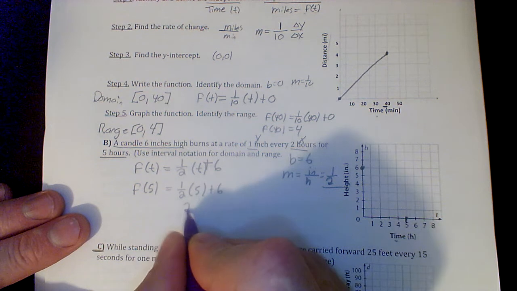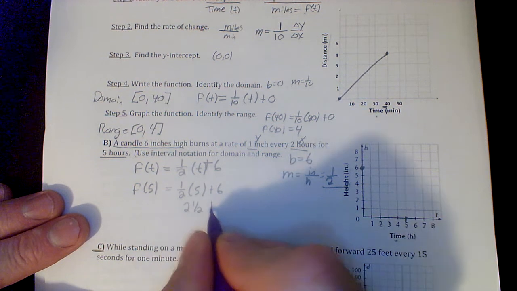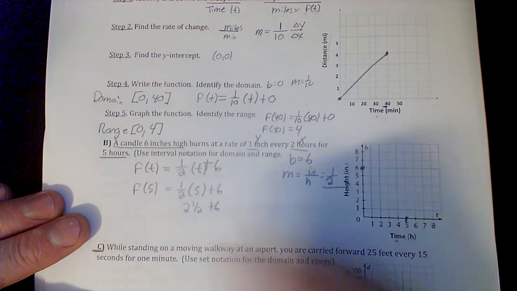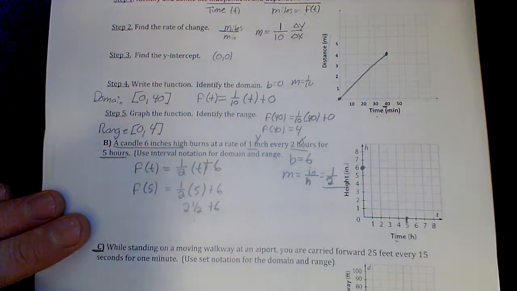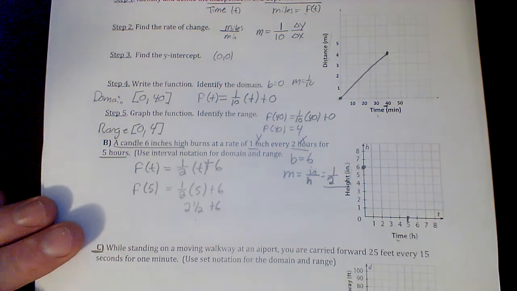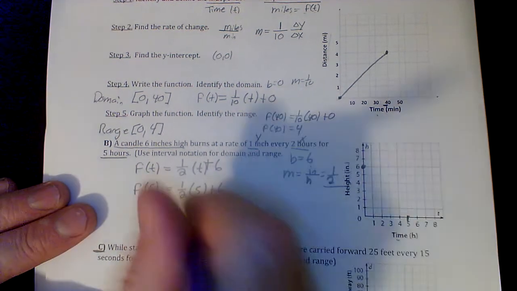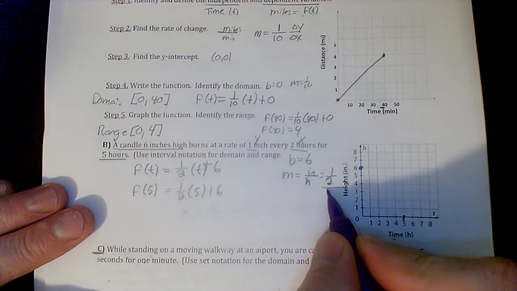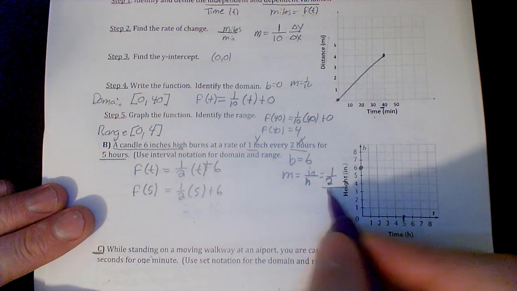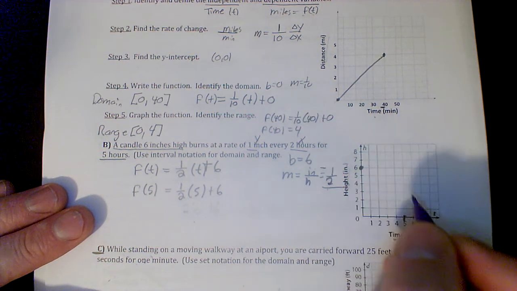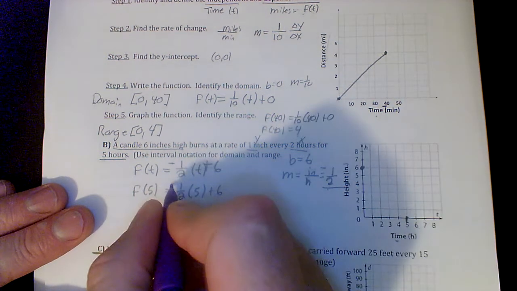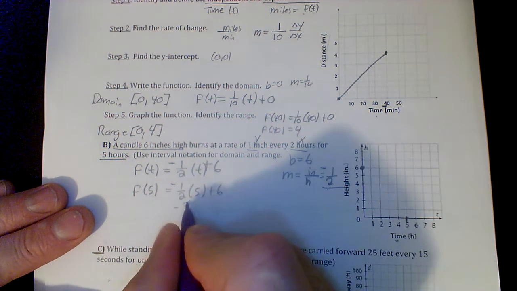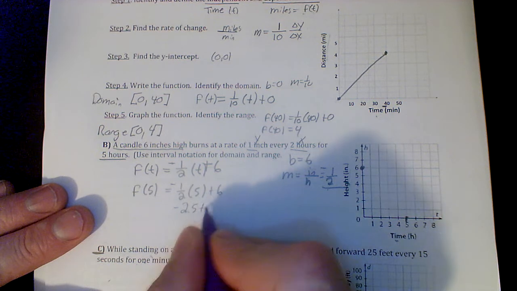This is 2 1/2 plus 6, or, am I going the wrong way? You know what I did wrong? Hopefully you've caught my mistake. I'm going to erase this part and add something. The candle's burning, isn't it? So instead of being a positive 1/2, it's going to be a negative 1/2. It's getting smaller. So this is negative 2.5 plus 6.